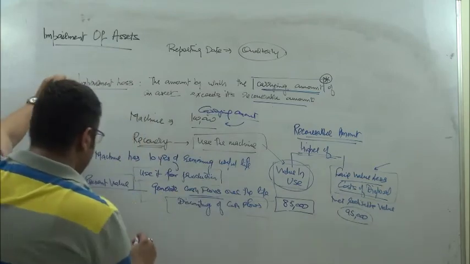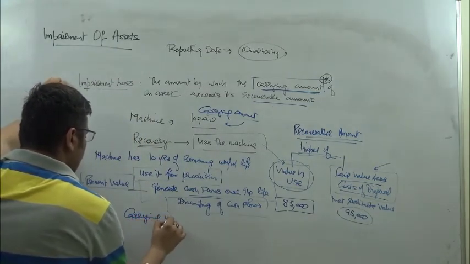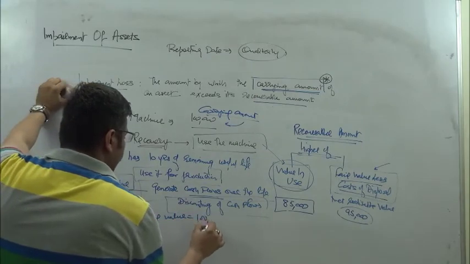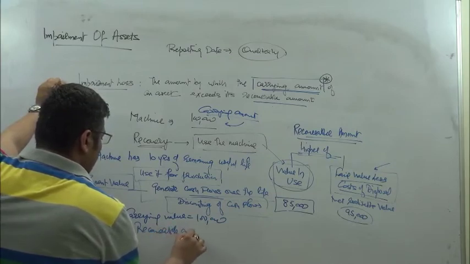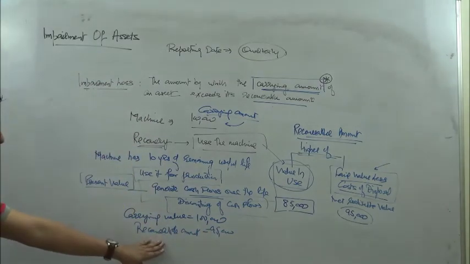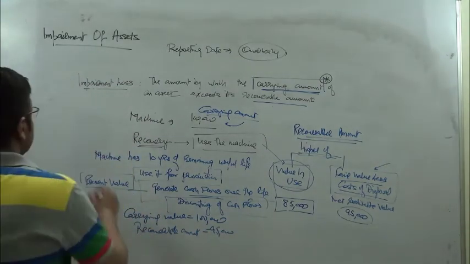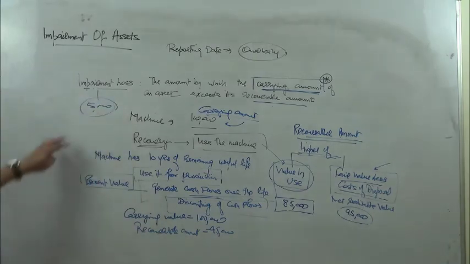So my carrying value or the carrying amount is 100,000 and my recoverable amount is 95,000. Of course, 100 is greater than 95, which means that there's an impairment loss of 5,000 that I need to account for.